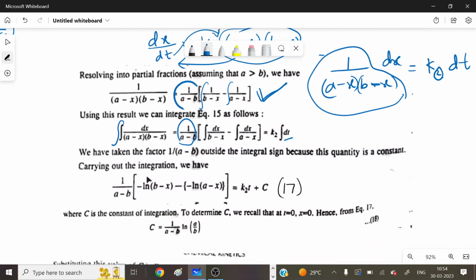So 1 upon (a minus b) is out of the integration because it is constant. After integration we get minus ln(b minus x) minus ln(a minus x).